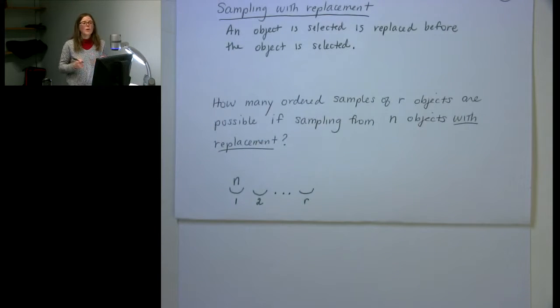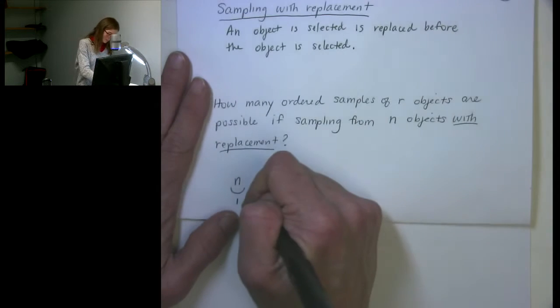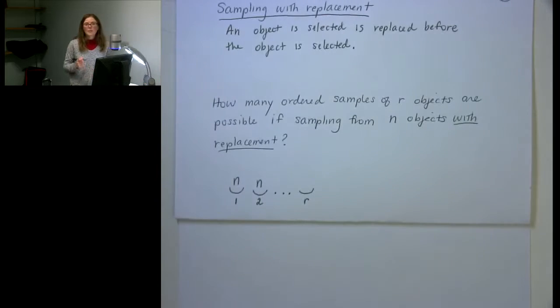I choose one of them, and then I put it back in before I choose again. So when I go to make my next selection, again, I'm going to have n possible objects to be selected. And the same thing will happen after the second selection is made. That object that was selected will be put back in, and so every time we make a selection, there are always n possible choices.